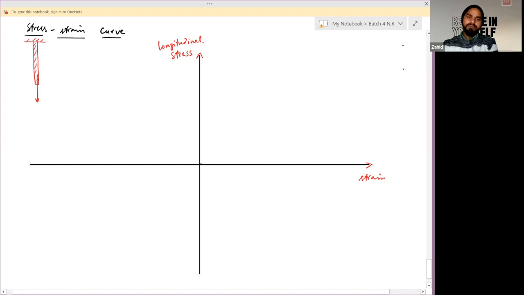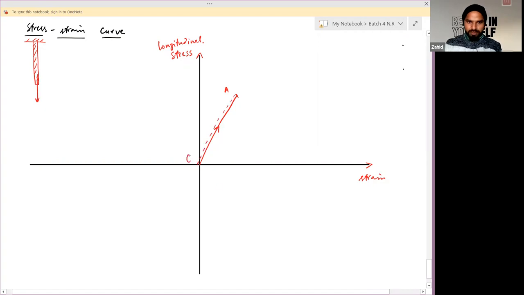First, it will move from this point to this point like this. Now at this point, if you remove the deforming force, it will return back to its original point, that is at this point.